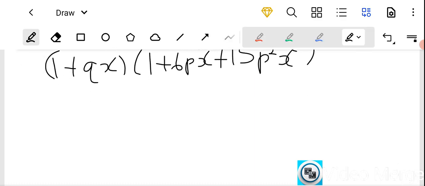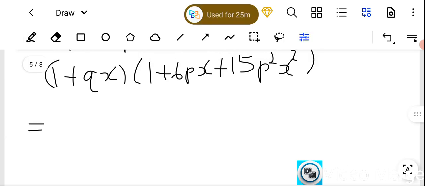Then we say it is equal to, we have what multiplies to give us something having x.